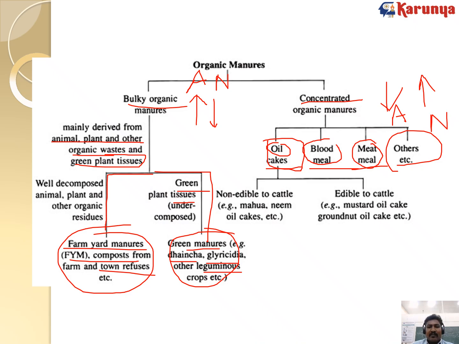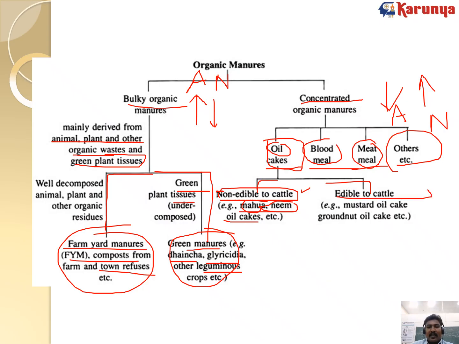Oil cake is further classified into two categories: non-edible and edible. Non-edible means we cannot use it for cattle. We cannot feed cattle with neem and other such oil cakes. Some bitterness is present in neem and mahua, so the cattle will not consume these non-edible oil cakes.